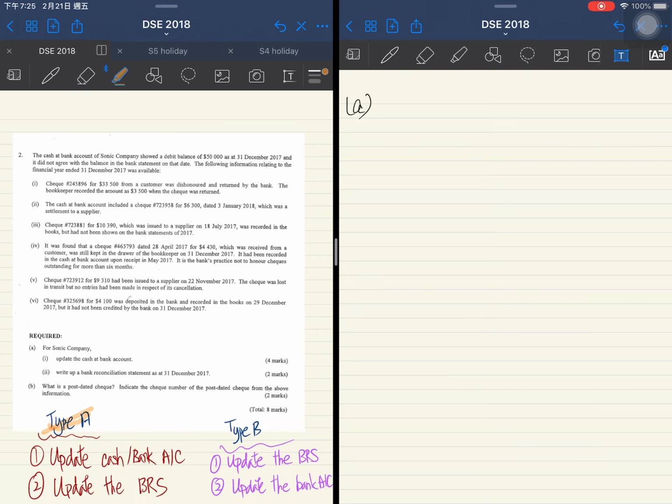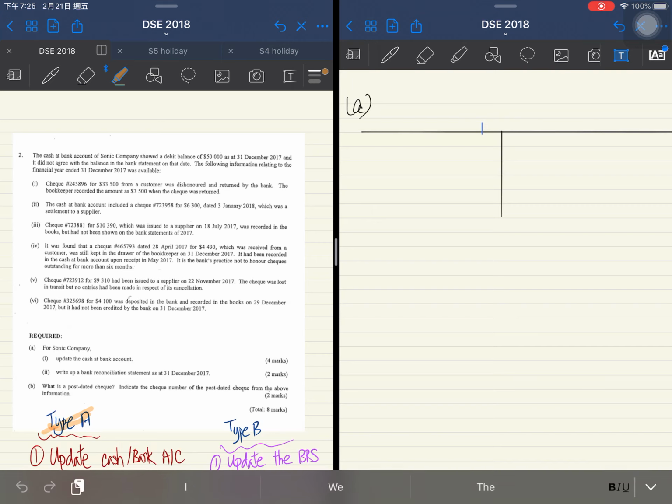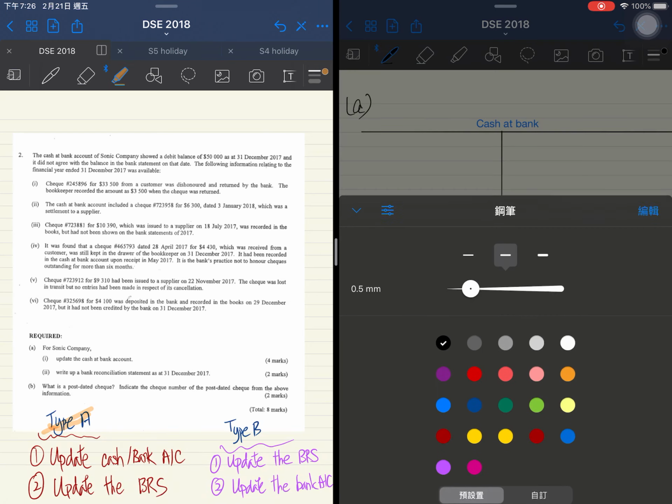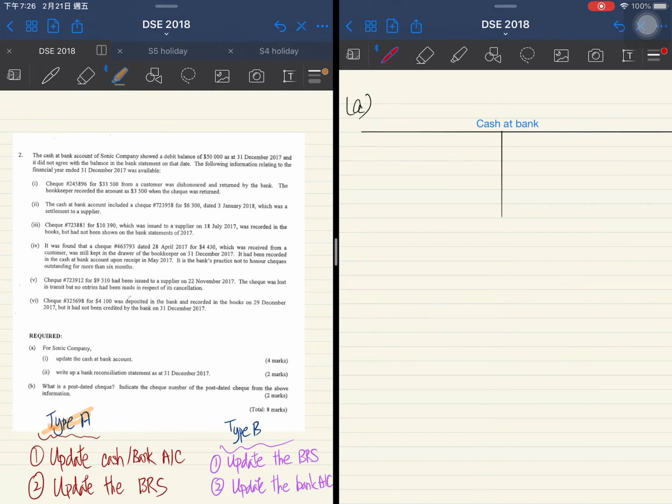A1 is we open a cash at bank account. Cash at bank account is a T account, and we type cash at bank. Remember, cash at bank account increases on the debit side and decreases on the credit side.